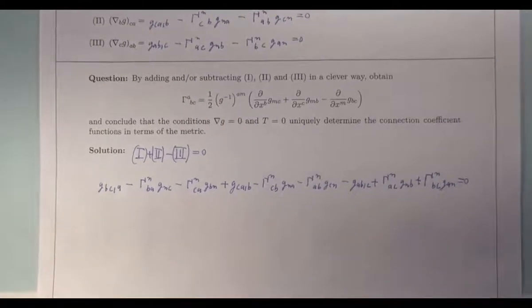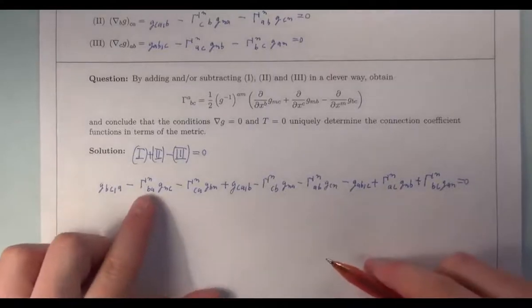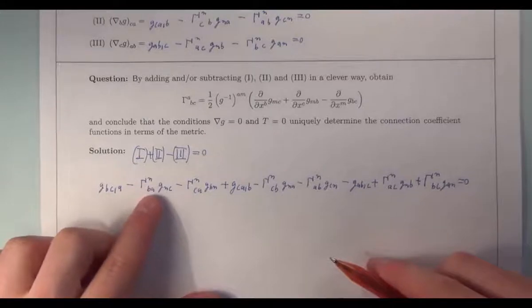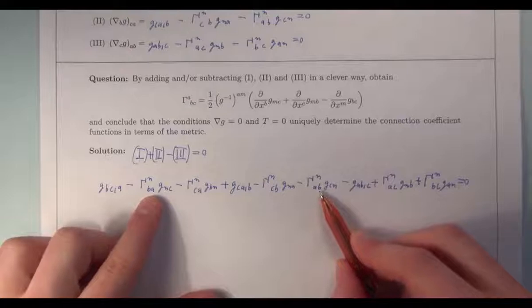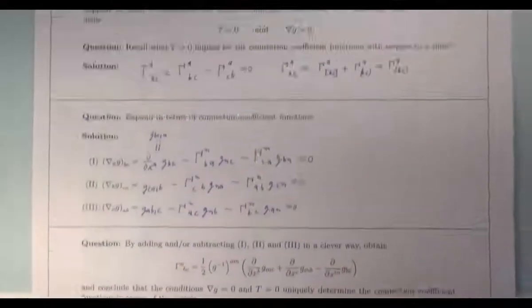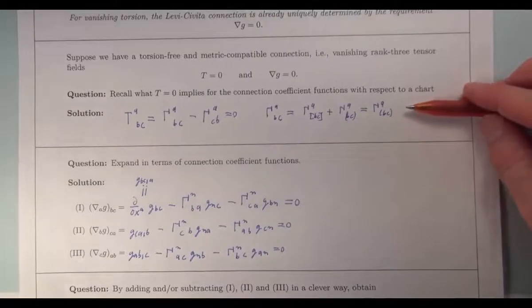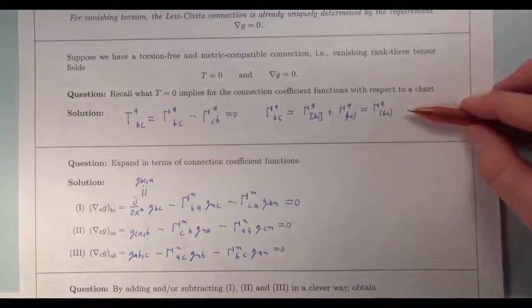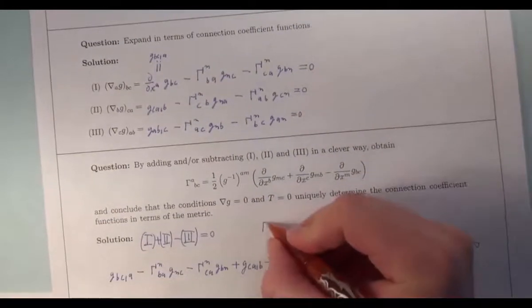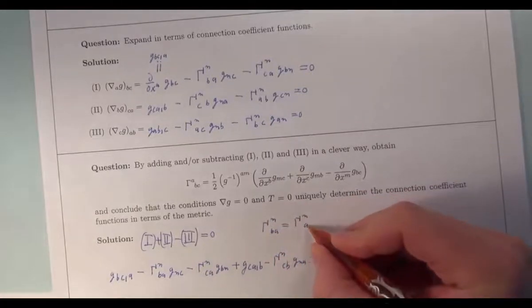Now, first look whether some gamma symbols vanish. Okay, we have to look carefully. We look for gamma NBA. From the first question, we already know that gamma NBA equals gamma NAB.